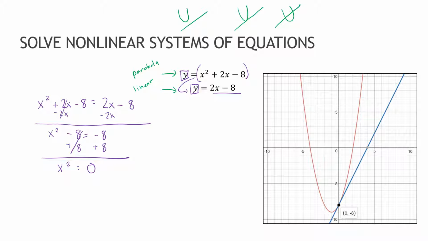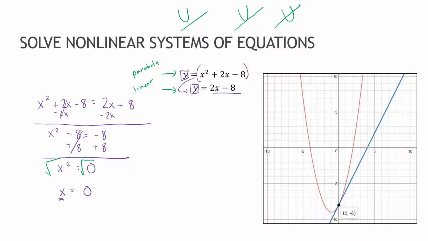And if I take the square root of each side of that, I don't have to worry about the plus or minus because the square root of 0 is 0. So 0 is the x value of my intercept. I need to find an ordered pair, which is the solution. So I have to take 0 and plug it back into either one of my original equations.